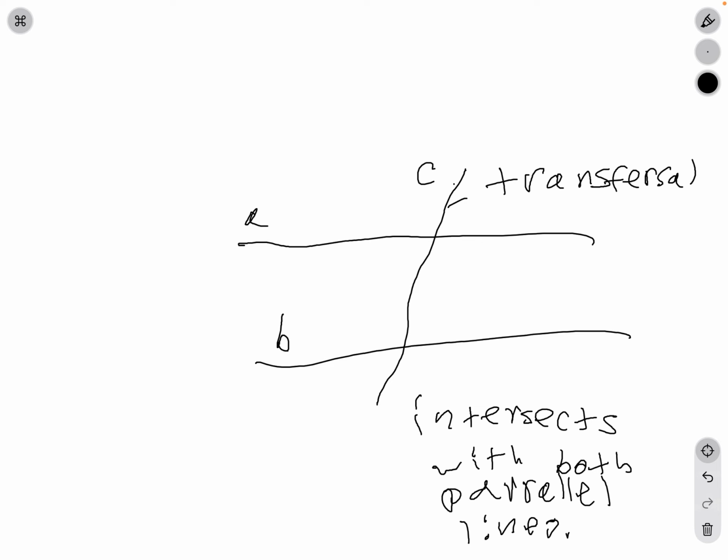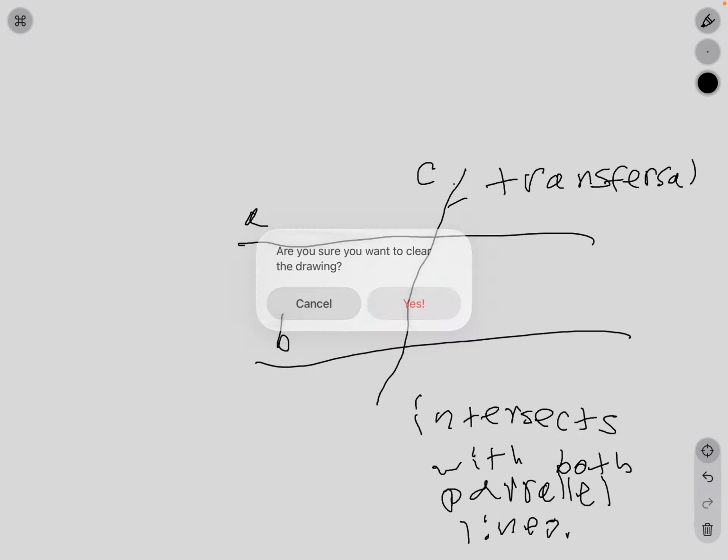So in this situation, C is the transversal because it intersects with both A and B, which are the parallel lines. Now, let's identify the angles.